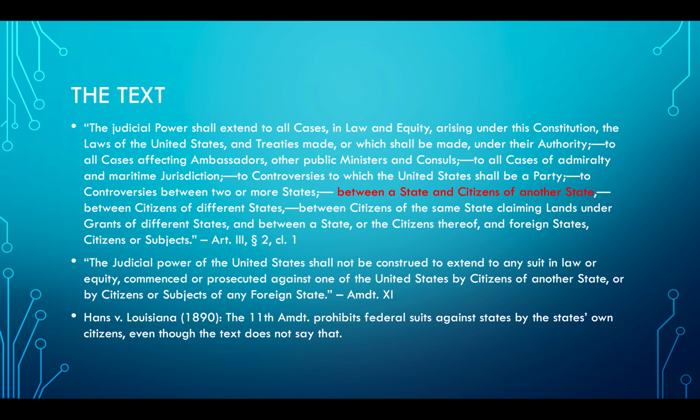But always in very split 5-4 decisions. These 11th Amendment cases are notorious for having very fractured opinions. These contentious cases have never been decided by more than 5-4 opinions. All right, and we'll see some of those very contentious cases in the next two classes on Tuesday and Wednesday.